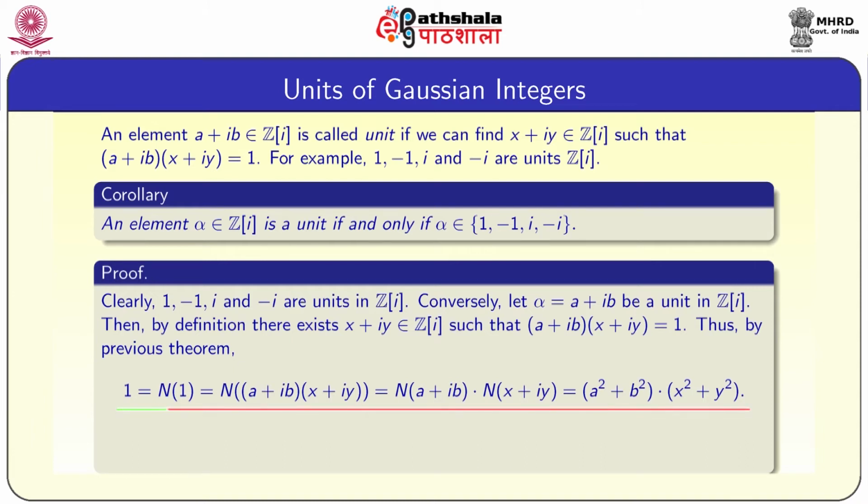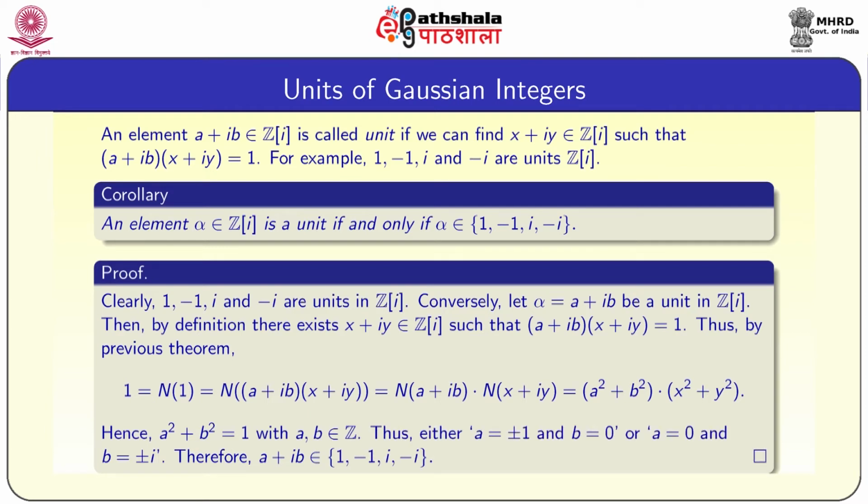So, norm of 1 is equal to norm of (a plus ib) into (x plus iy), but norm is multiplicative, that is what we saw in theorem 3. So, this is equal to norm of a plus ib into norm of x plus iy. Norm of a plus ib is a square plus b square, and norm of x plus iy is x square plus y square. So, (a square plus b square) into (x square plus y square) is equal to 1.